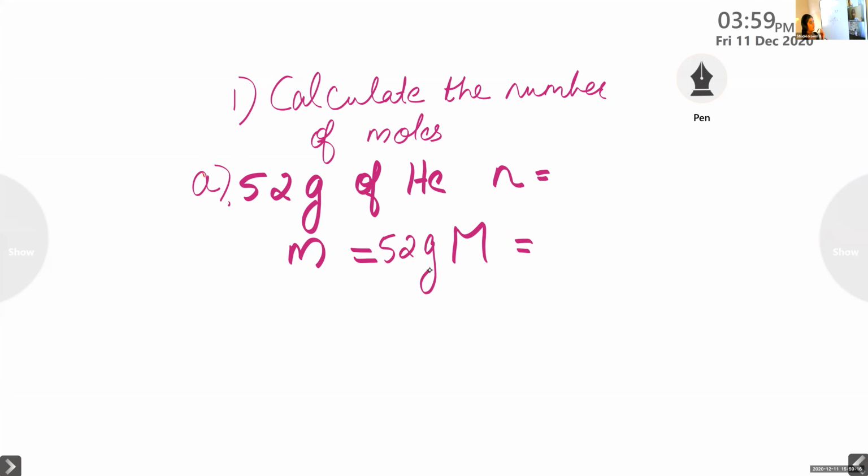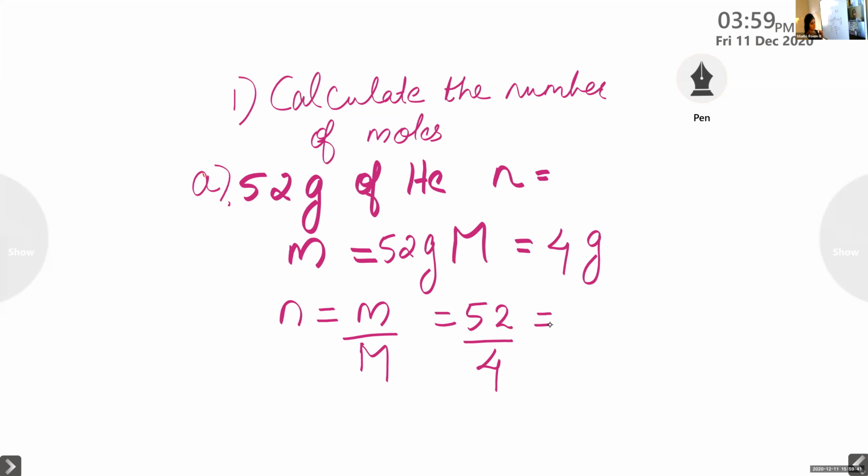Then capital M, do you know the atomic mass of helium? It's not in that table, right? It is 4 gram. Then n is equal to small m by capital M, that is 52 by 4. And what's the answer? 13. Yes, it's 13 moles.